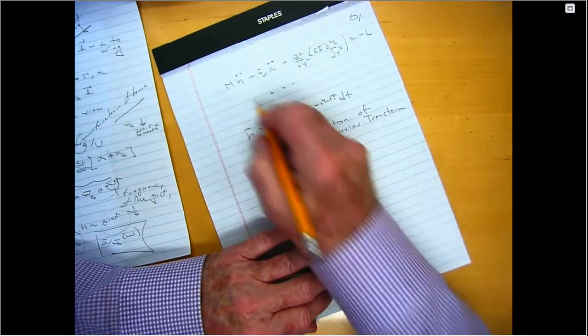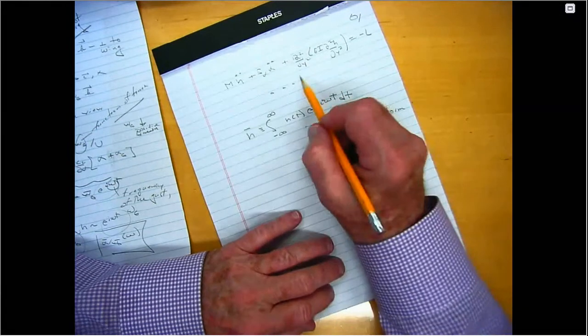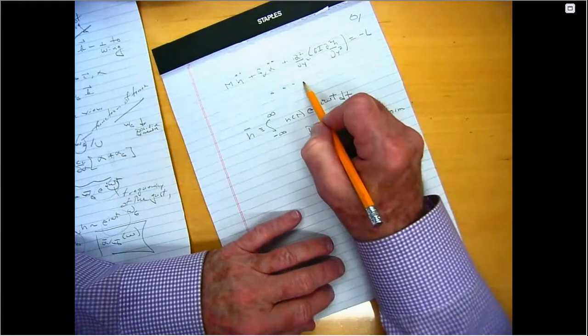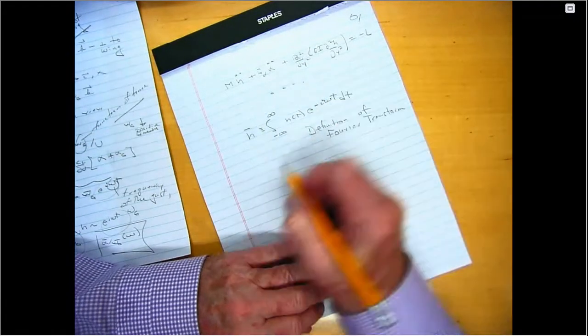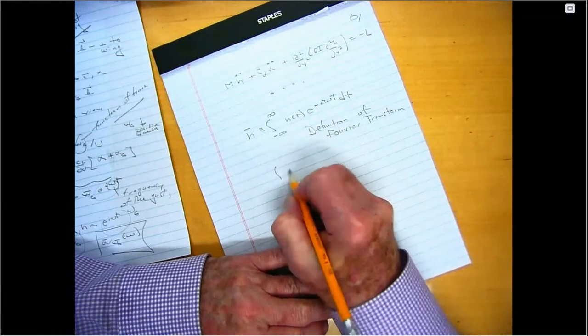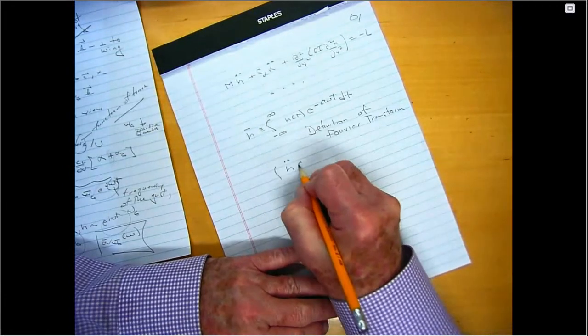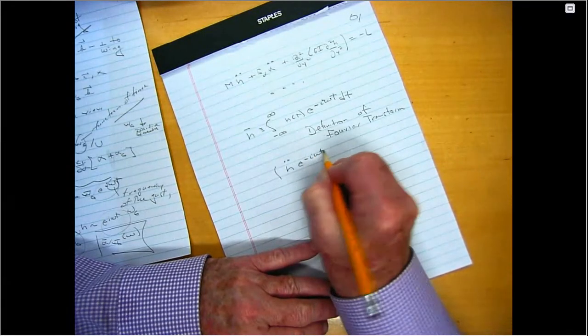Okay, but I want to transform this equation, and therefore I need also the transform of h double dot e^(-i omega t) dt.